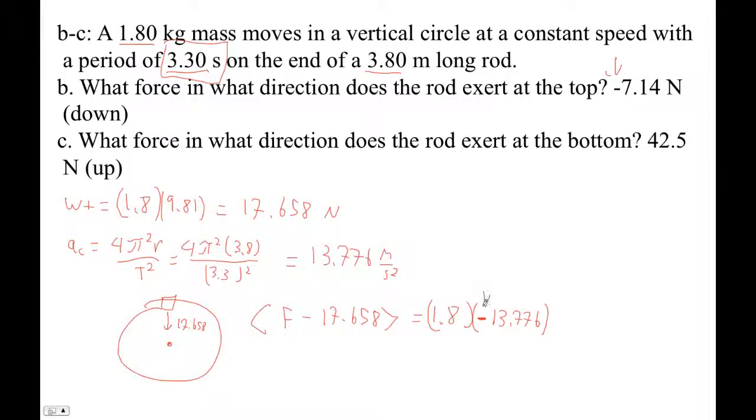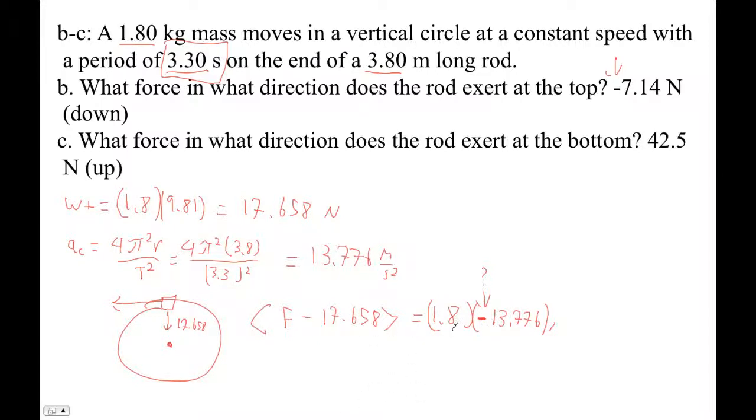Okay, so again, why is that negative, right? It's negative because at the top here, we're accelerating toward the center. The center is below us, so therefore we have to accelerate down, okay? That's why it's minus. And that's really the only difference between the top and the bottom. We're going to set up the same thing at the bottom, and we're going to make that positive.